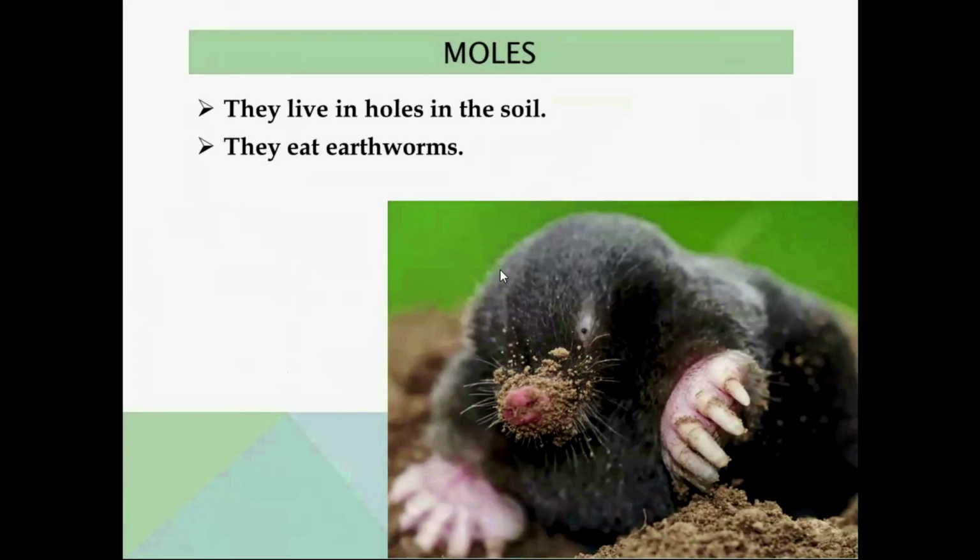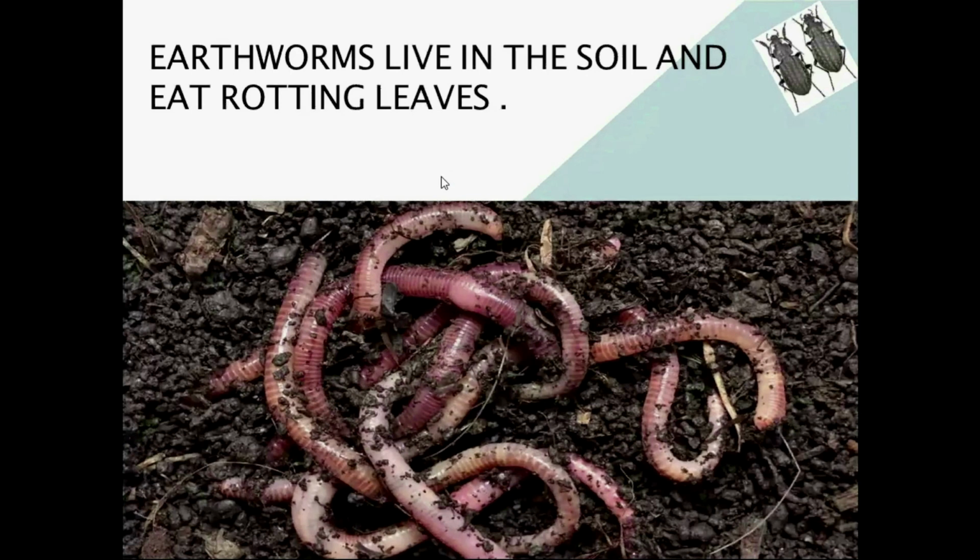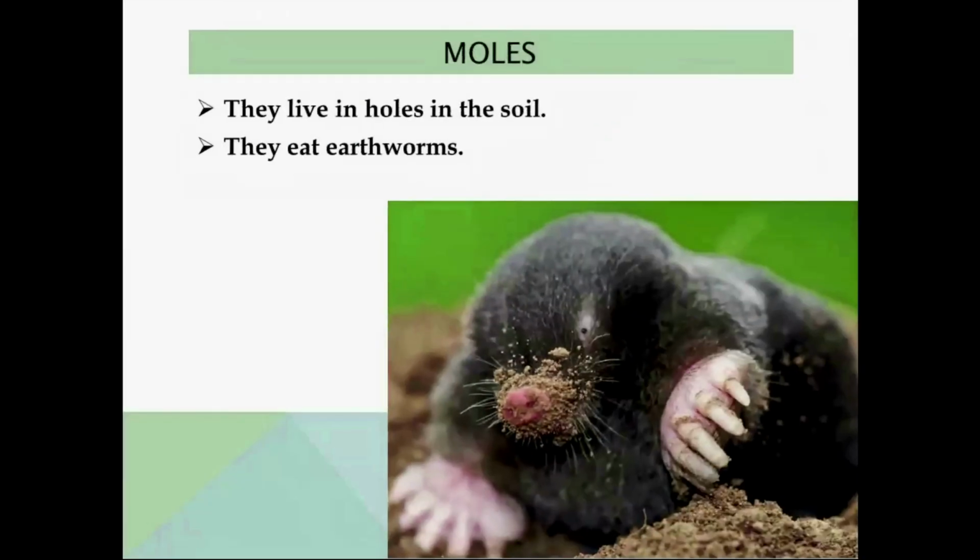These animals make holes in the soil and they live inside those holes. They eat earthworms. Now, what we have studied before, earthworms eat rotting leaves from the trees, and those earthworms are then eaten up by moles.